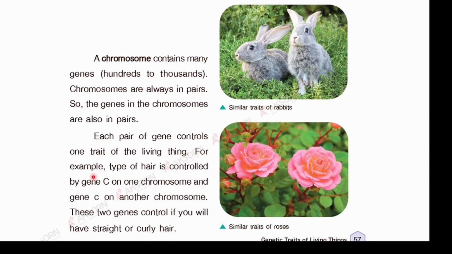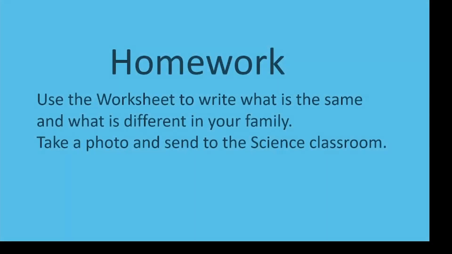For example, type of hair is controlled by gene C on one chromosome and gene C on another chromosome. These two genes control if you will have straight or curly hair.